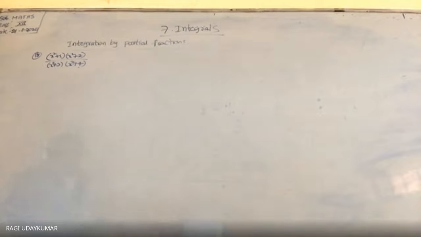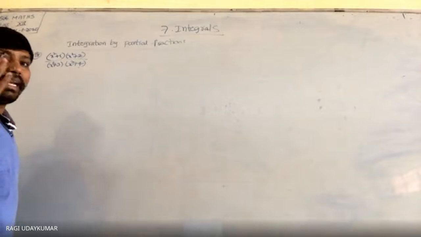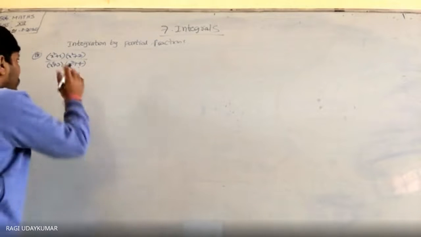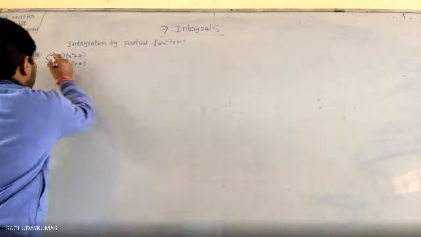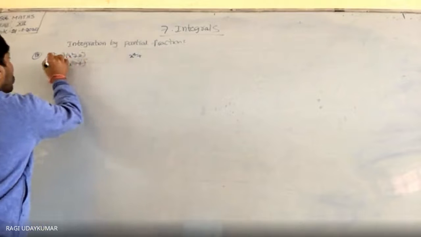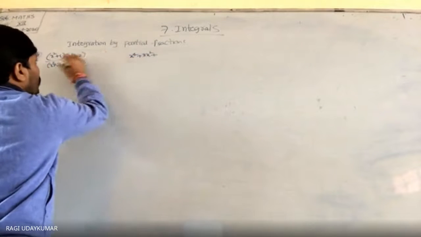What can we do? You have to multiply this out, because the degree is the same in both, and divide. After dividing, the remaining things are all similar. See here, I will do it in rough. Multiplying these two, you get x to the power of 4 plus 3x square plus 2x square plus 2.